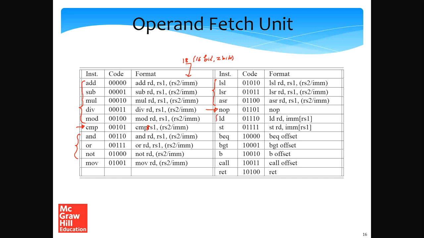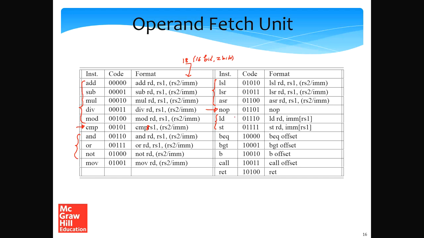The load and store instructions over here: load is used to read something from memory, and the store instruction is used to write something back to memory. So they have the same format. Mind you, we had made an exception for store, in the sense that store actually does not have a register destination.